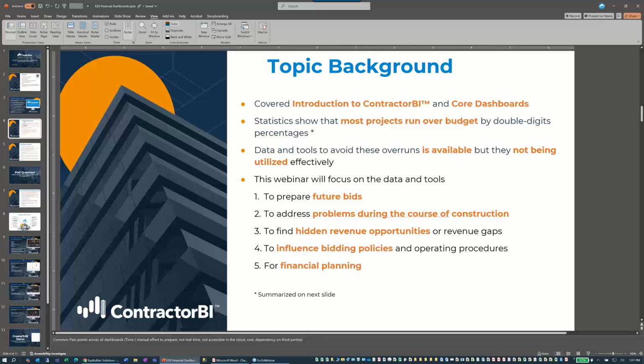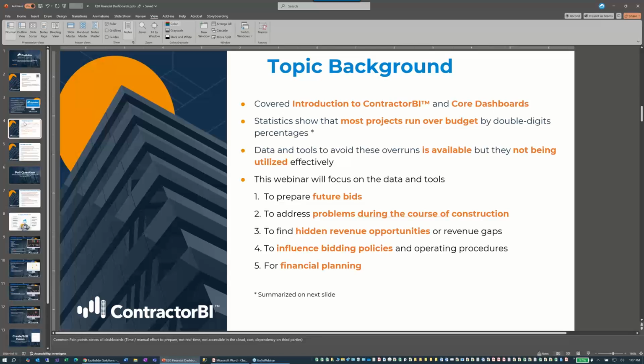Also, we want to help you use real-time job cost data all the way down to the cost code or the phase code level to try to resolve issues on the job before the job is complete, try to save some money, salvage some of these overruns, and react before it's too late. I'm going to show you how to do that.